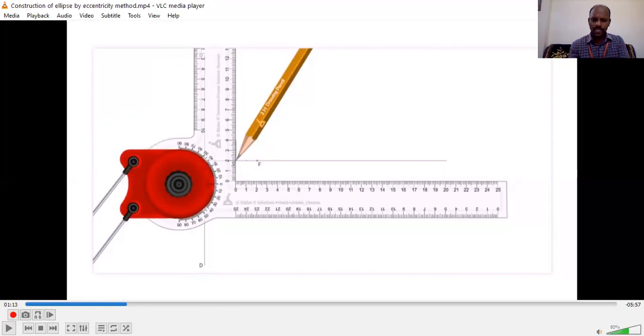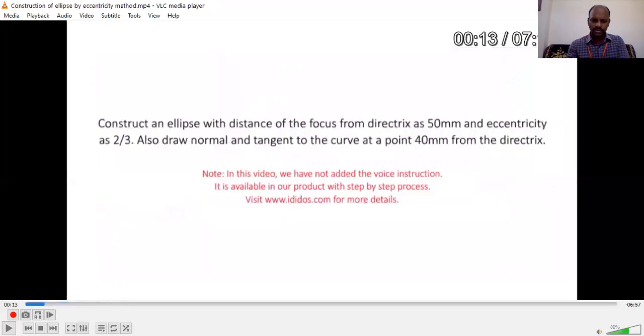That is the focus. Now, see, if you read the problem again, just I am going back. Eccentricity is 2/3. Okay. As you know from mathematics, the eccentricity of an ellipse is less than 1. So the ratio might be 2/3 or 3/4, whatever it may be. The ratio is always less than 1.